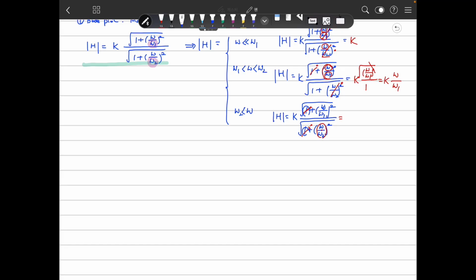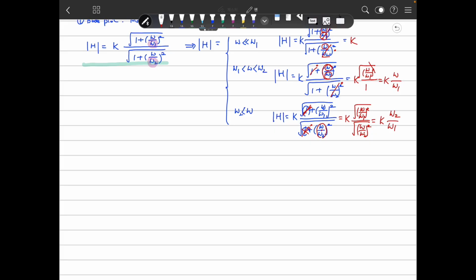The main thing is k, and we can ignore the terms, so it will be k omega 1 over omega 2. So we can get the approximations in this manner.